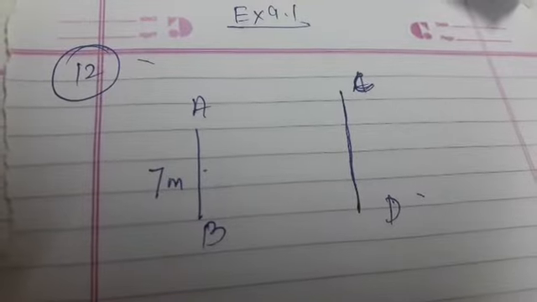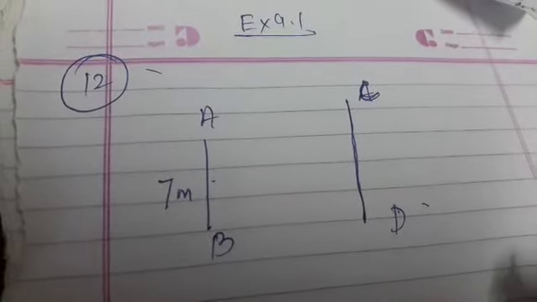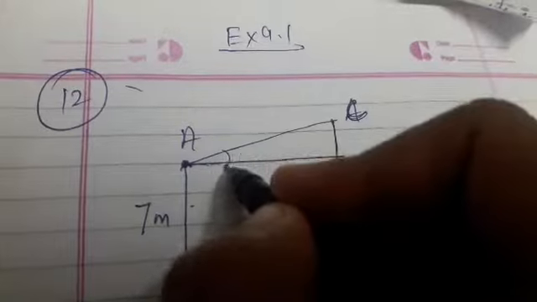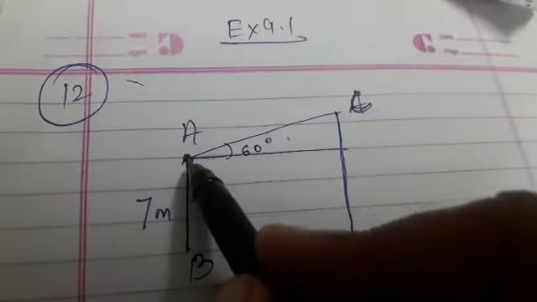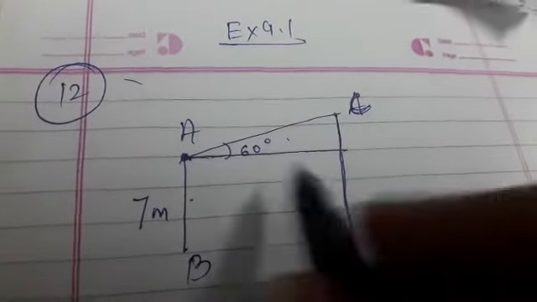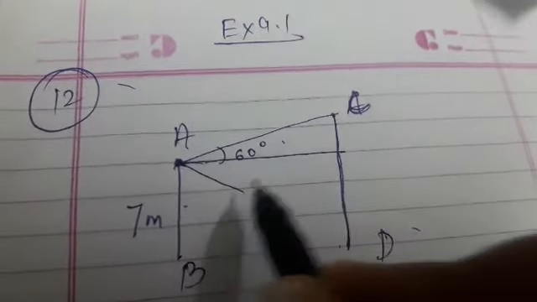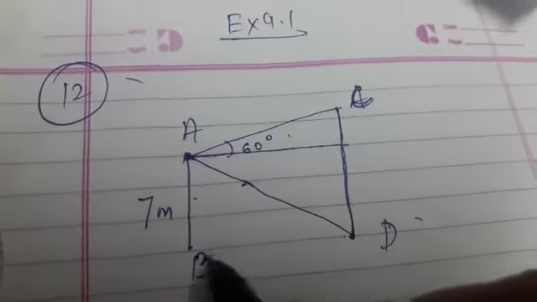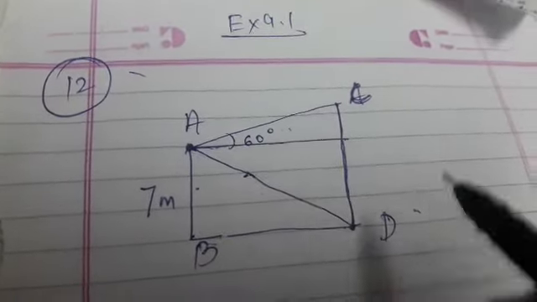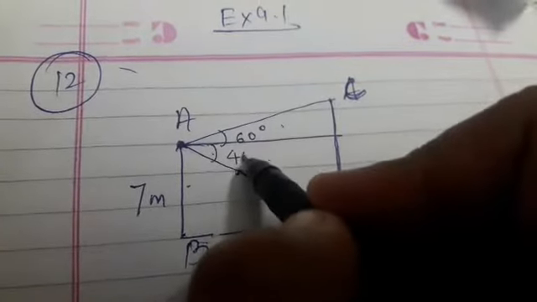Now it says that from the top of the building, from this top to this top, the angle formed is, we have to take a base here, so we have to draw the line, 60 degree. Then similarly, from the top of the building to the foot of the tower, I'll be joining this line to this and I'll complete this diagram here. So this angle is 45 degree.